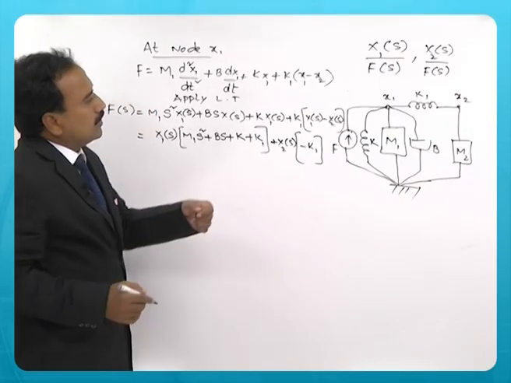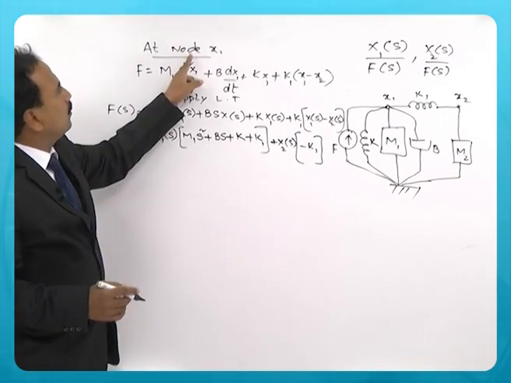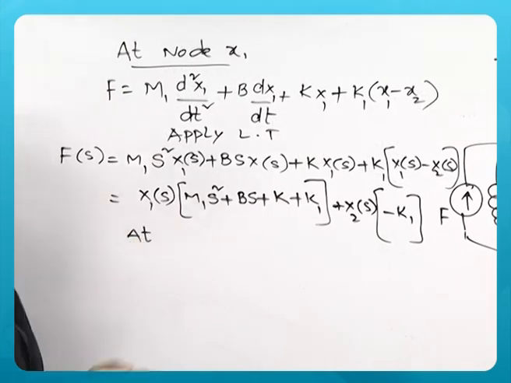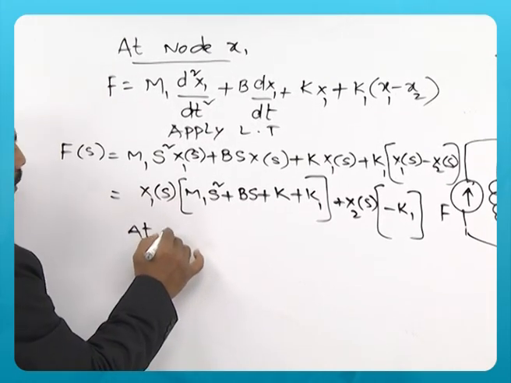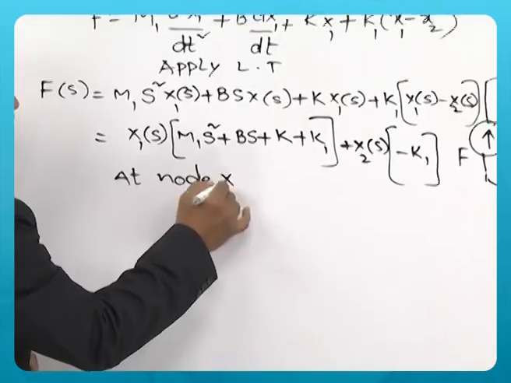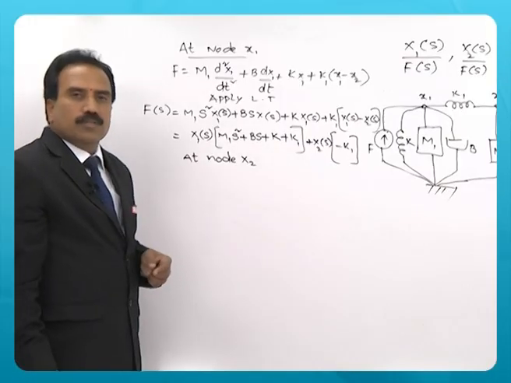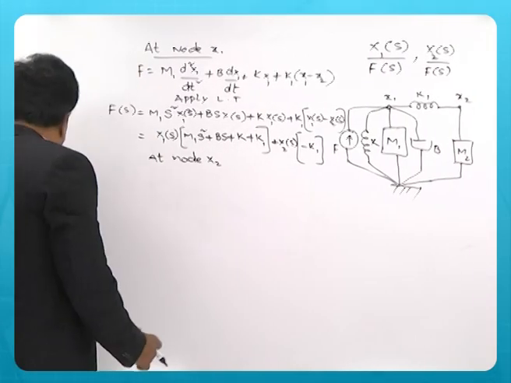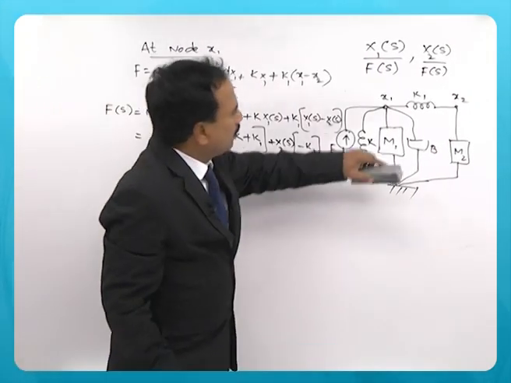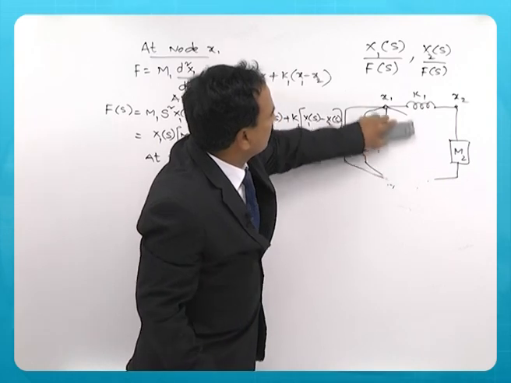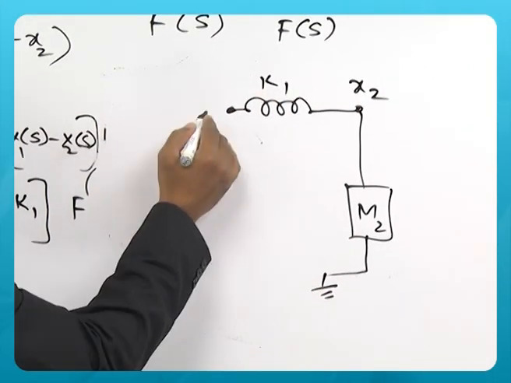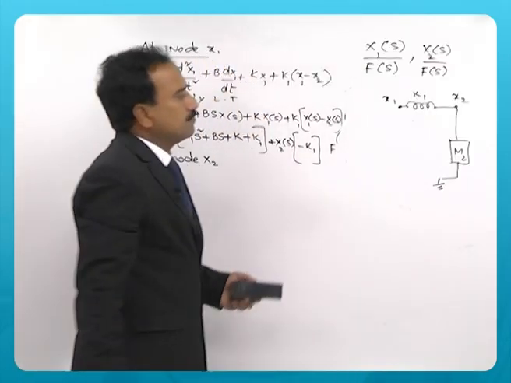Similarly, you can write now the equation at node x2. There are two nodes, so it is like nodal analysis. Here also you have two equations. At node x2, you need to write the second equation. You can see what components are connected to node 2. Now, you can forget about all the rest.